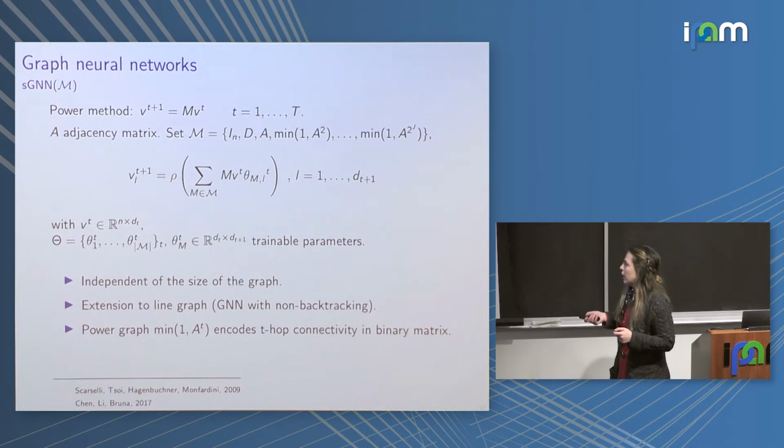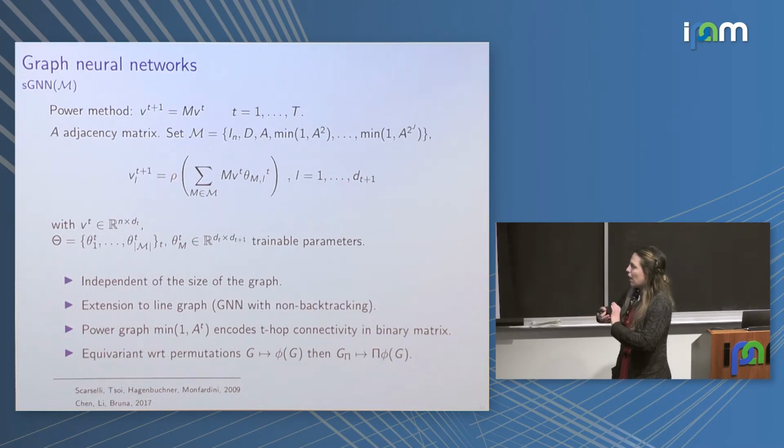And also, when you decide the set of operators of your graph that you want to combine, you can also add some other graphs that encode information that you care about, like for instance the power graph that encodes the connectivity in t steps. And it turns out that using this kind of graphs allows for way more expressivity.